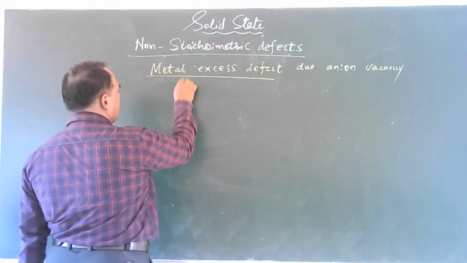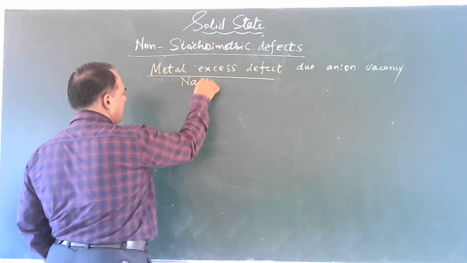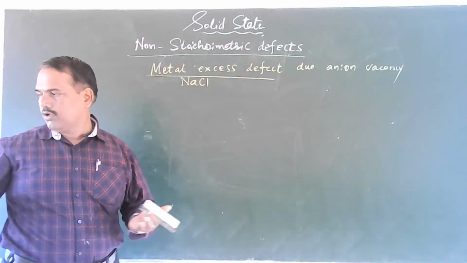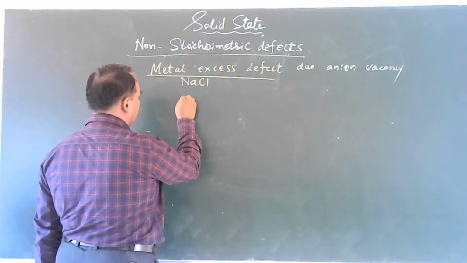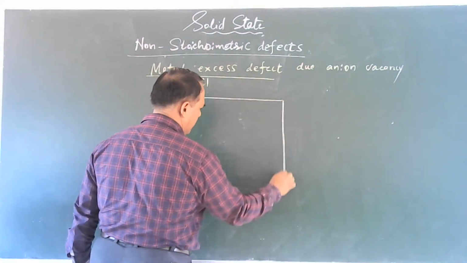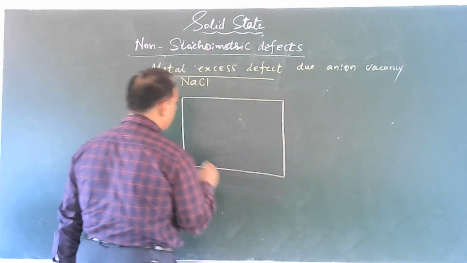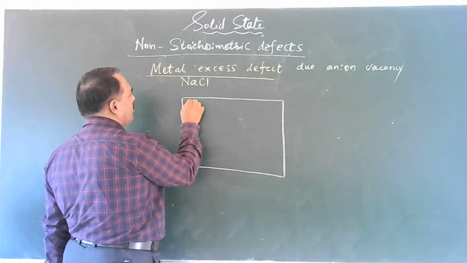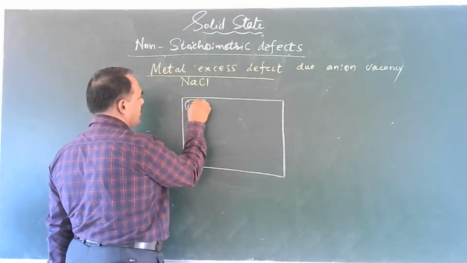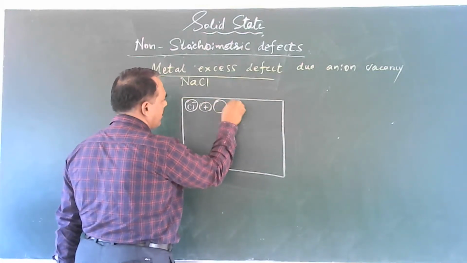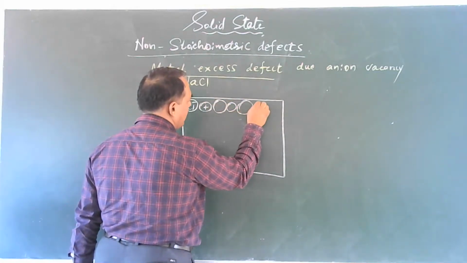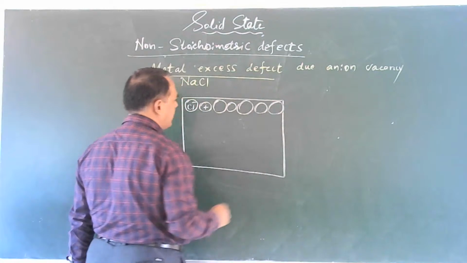So we should study it in the sodium chloride crystal. It is nothing but the lattice of sodium chloride. You can find here Cl minus, Na plus, Cl minus, Na plus, like that.